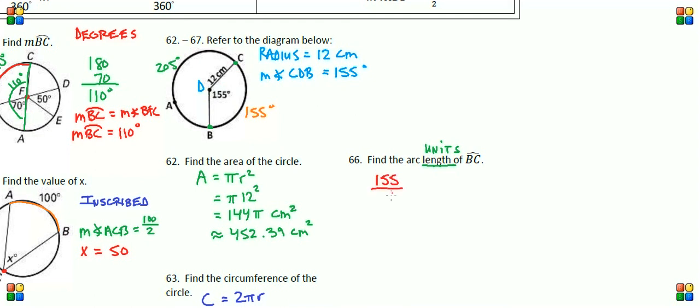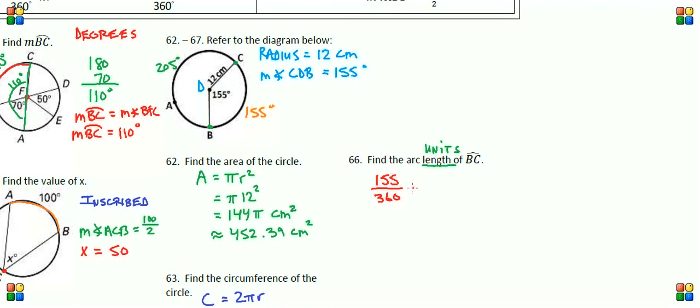And this ratio right here, or this fraction, represents how much of the total circumference, which is 360 degrees, is represented by arc BC, which is 155 degrees. So this is really the fraction of the circumference that we want.